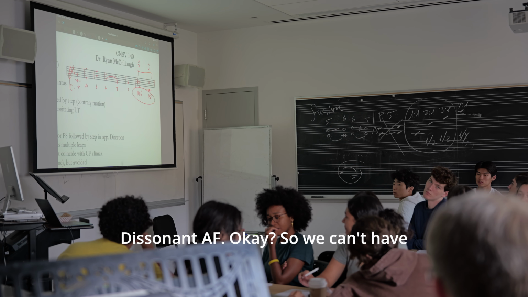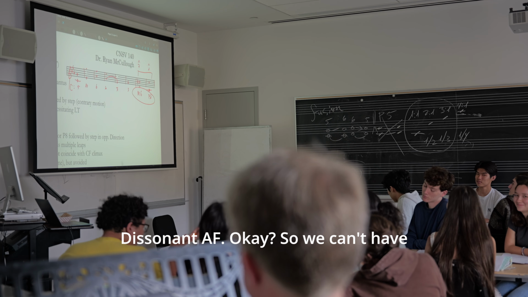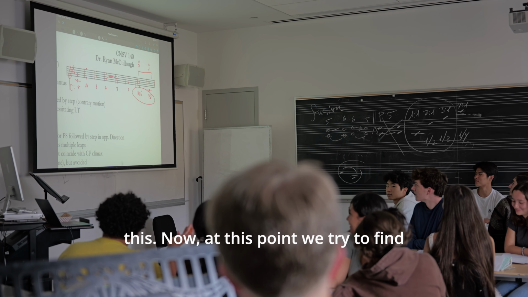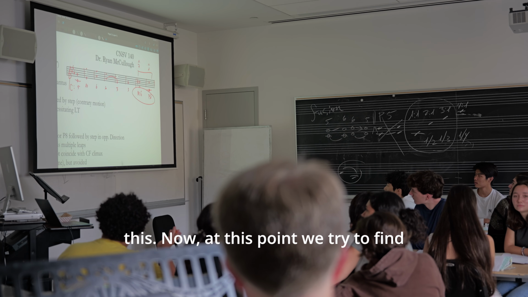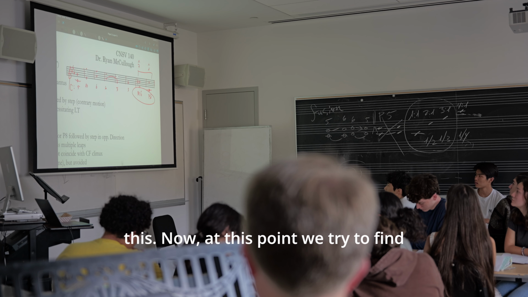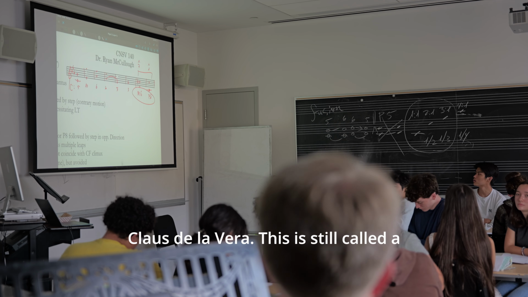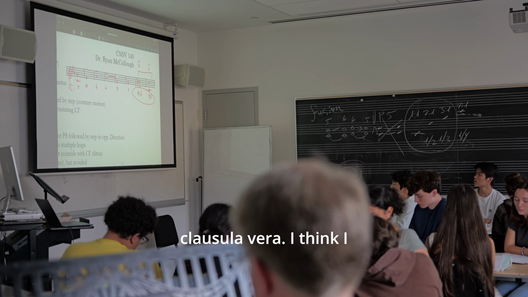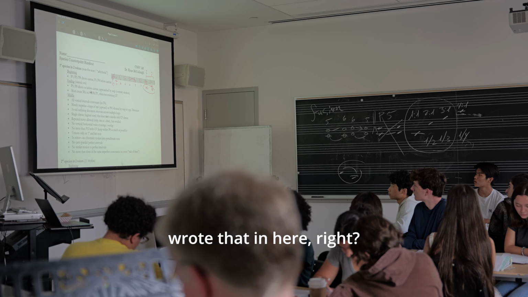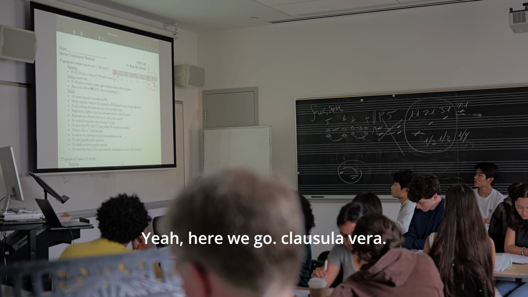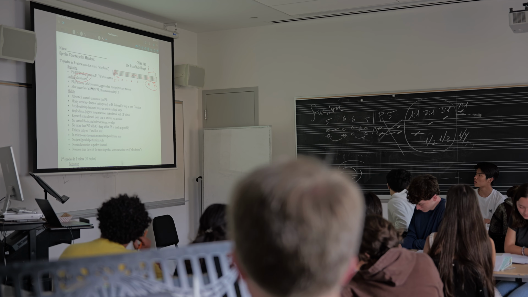Dissonant AF. Okay? So we can't have this. Now, at this point, we try to find another way to get to the end, to the clausula vera. This is still called a clausula vera. I think I wrote that in here, right? Yeah, here we go. Clausula vera.